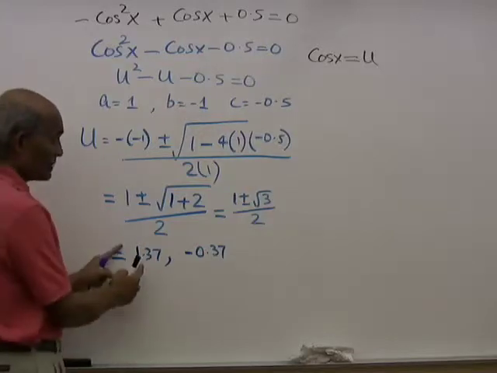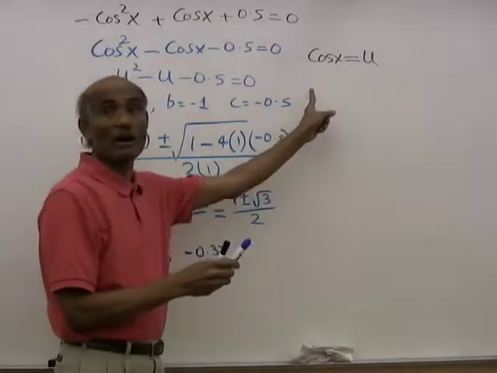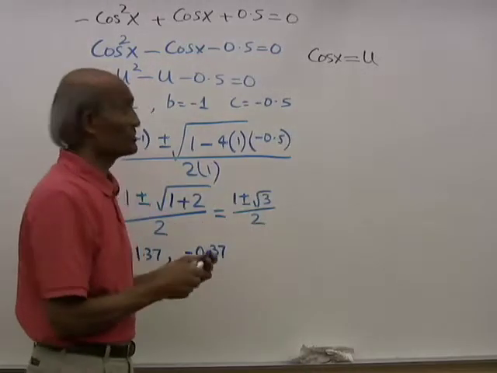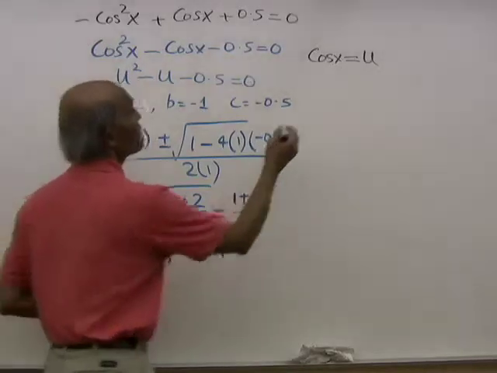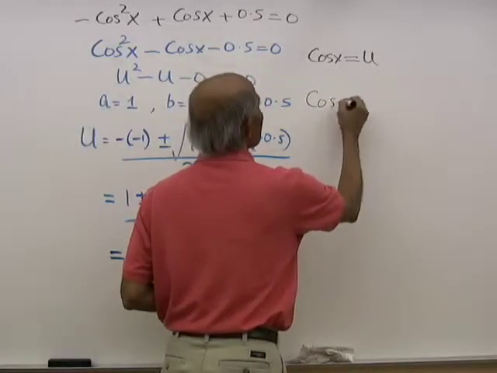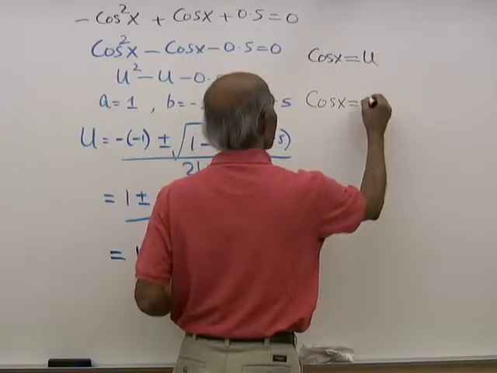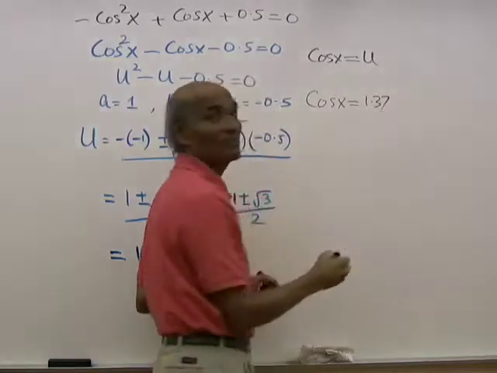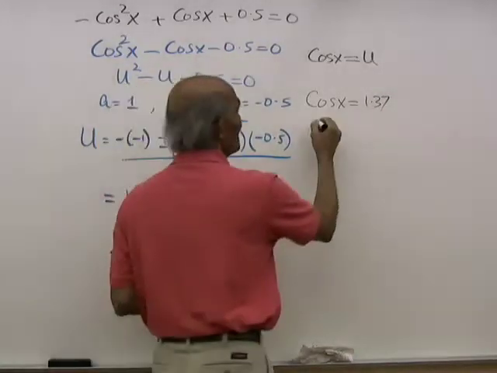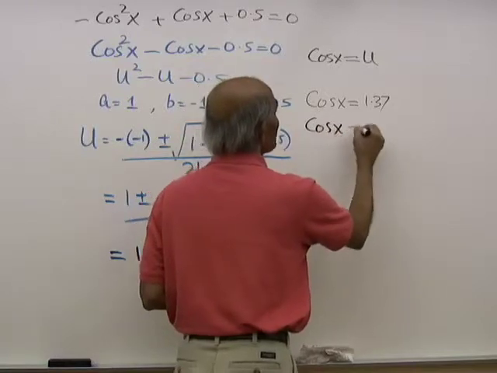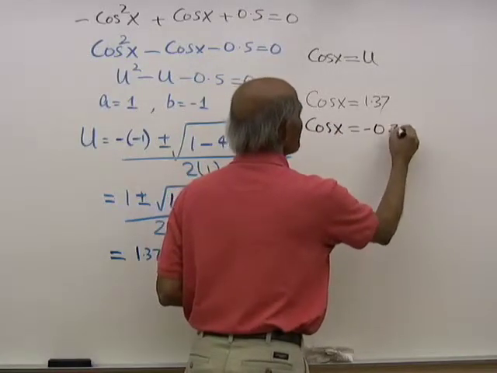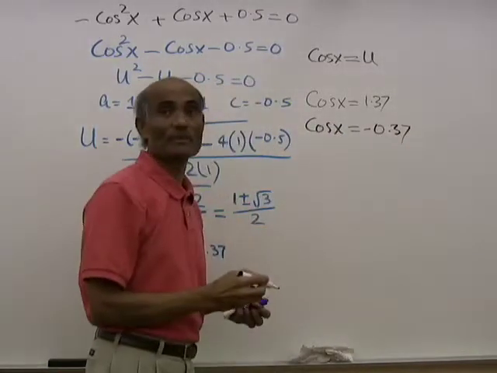Now remember, both these values are for cos x. So we got to now come and say cos x equal to 1.37, that is one possibility, or cos x equal to negative 0.37.